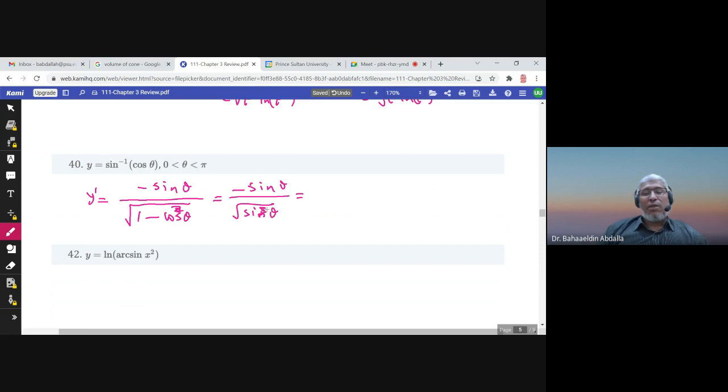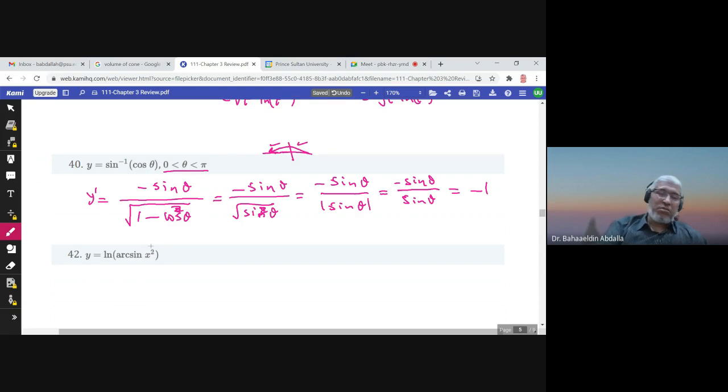And square root of sine square is the absolute value of sine. And absolute value of sine could be positive or negative. But theta is between 0 and pi. This is in the first and the second quadrant. And in the first and the second quadrant, sine is positive. So I will have negative sine theta over sine theta, because sine theta is positive, and the answer is negative 1. That's nice.